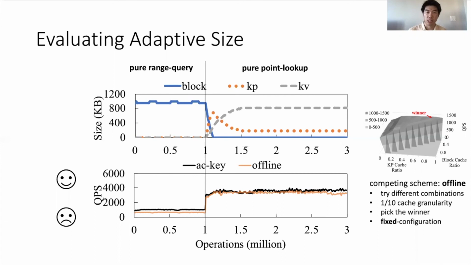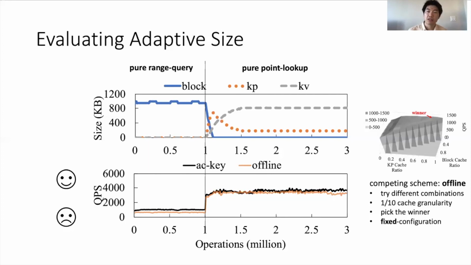This is because the block cache cannot efficiently support point lookup, and KV cache and KP cache are better suited to support point lookup. After the KV and KP caches have reached balance, we can see the performance of our AC key outperforms the offline scheme again.